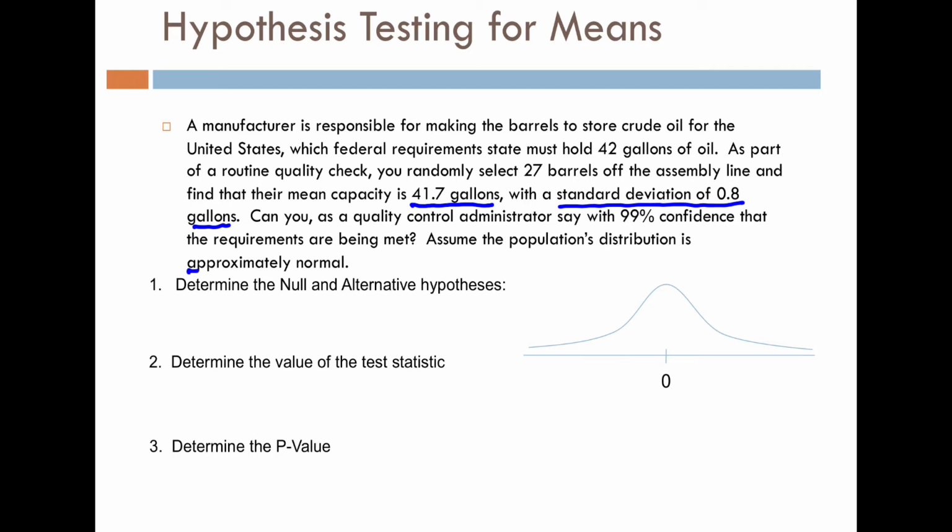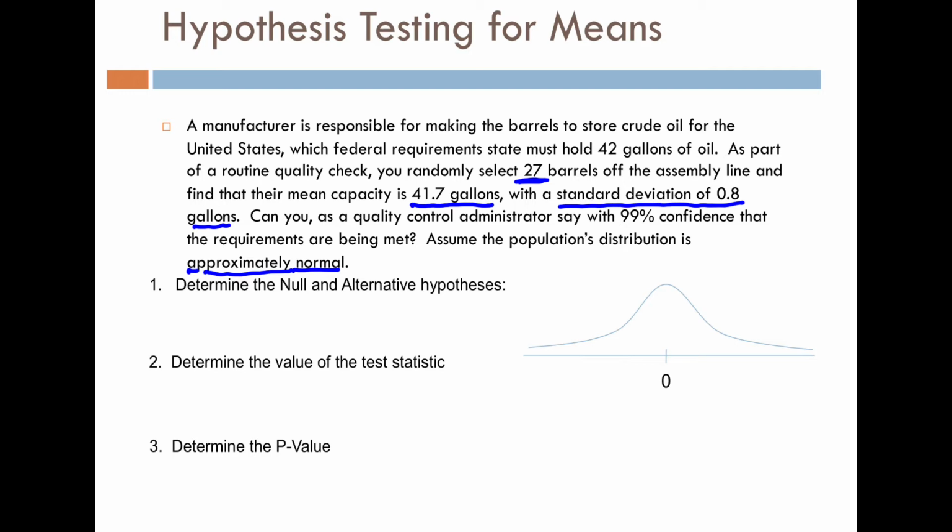I can tell you that the reason why we say that is because of the fact that our sample size is less than 30. If you recall back to the central limit theorem, we're told that the distribution of all possible samples will have a normal distribution for samples of any size, as long as the underlying population from where we're sampling is normal as well.